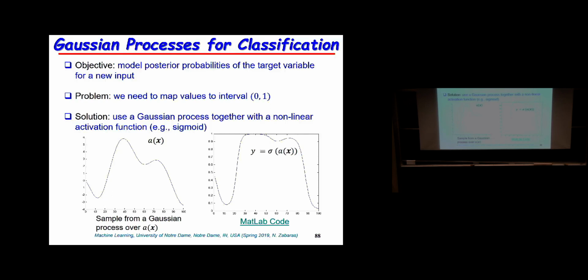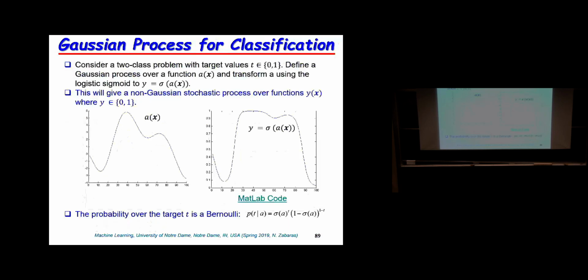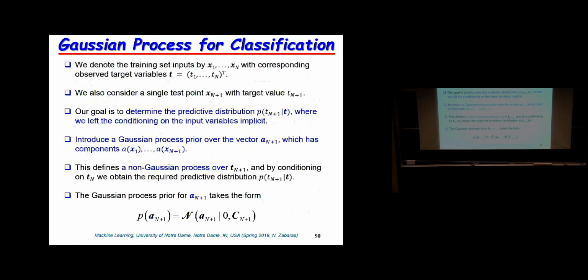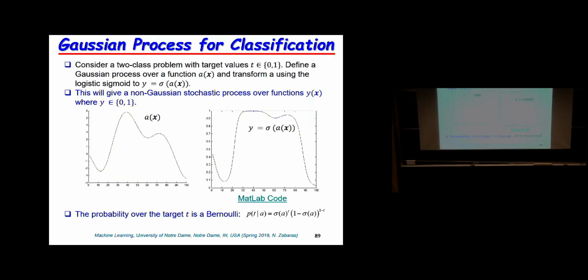That's exactly what we will do. We will start with some GP priors that give you functions like this, pass it through a sigmoid, and this together will give us the probability that this point X belongs to class 1. Okay?